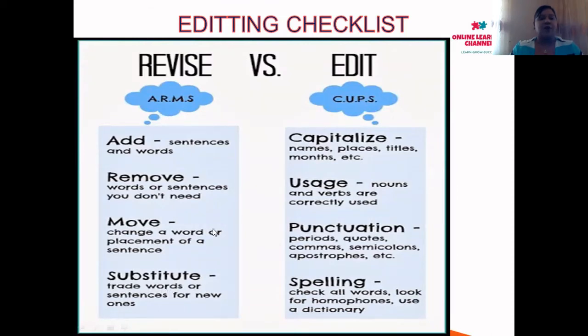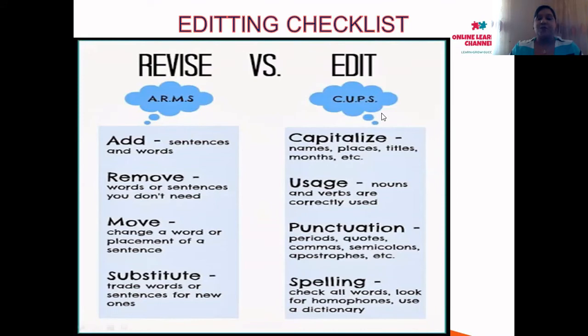So for ARMS, you are revising what you've written by either adding or removing sentences or words, or even moving them and placing them in a different sequence. You're also substituting, for example, changing some of your words. For example, you can use a thesaurus to do this, to make your descriptive words more punchy.